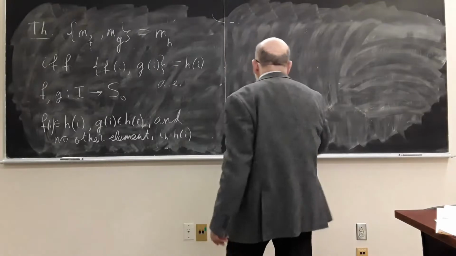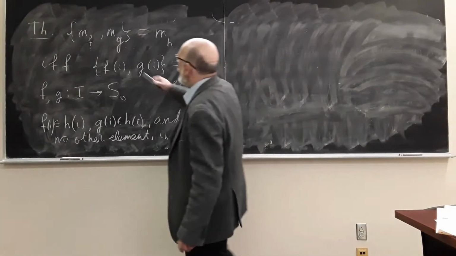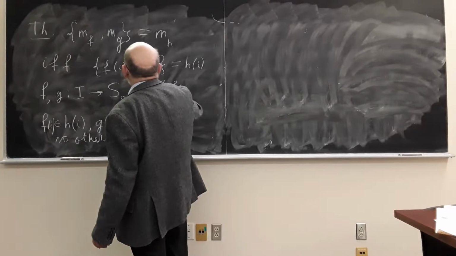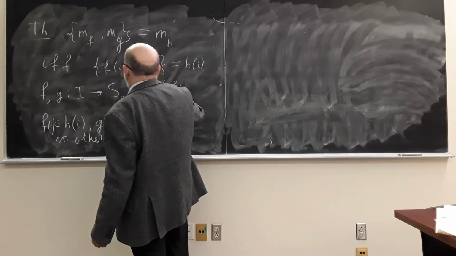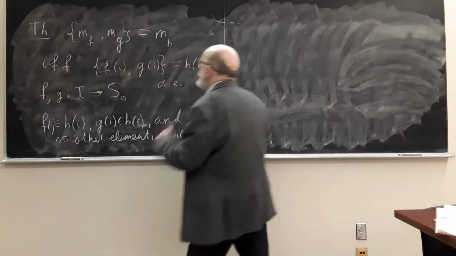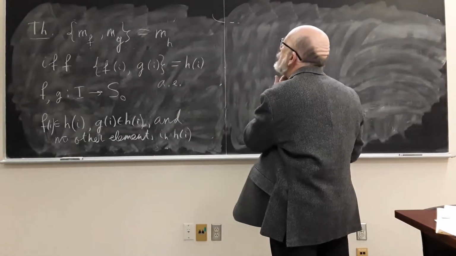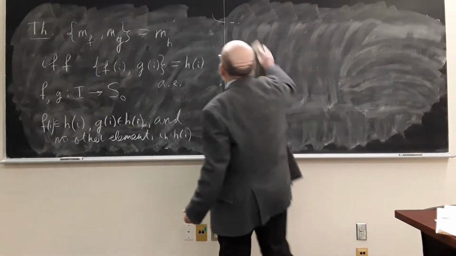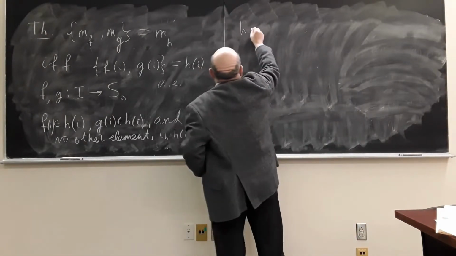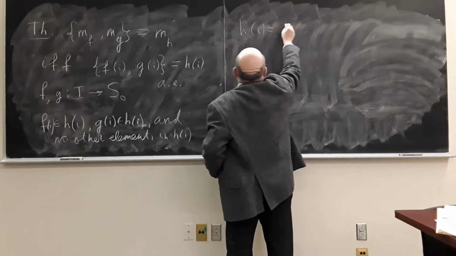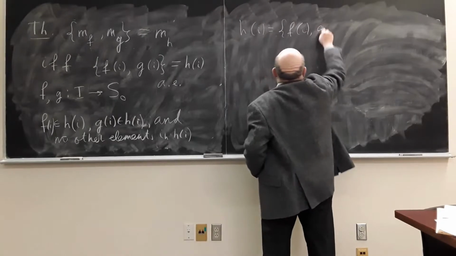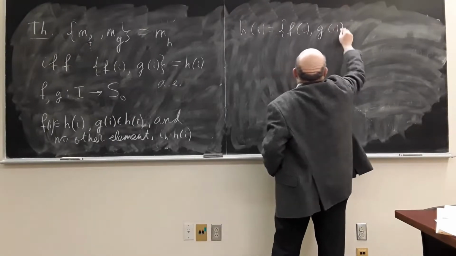So let us consider what MH is. H(i) equals {f(i), g(i)}.